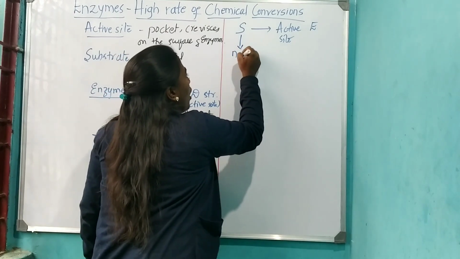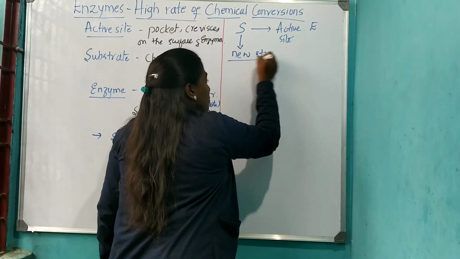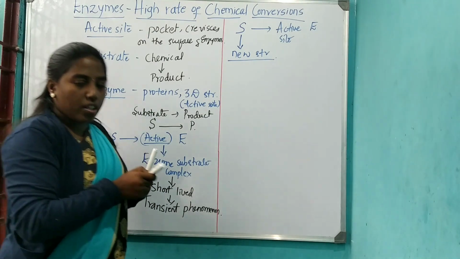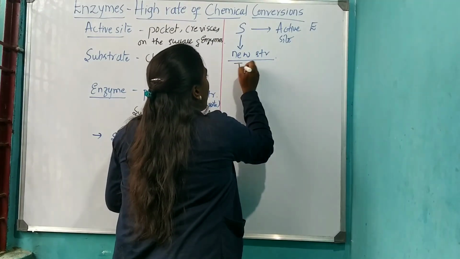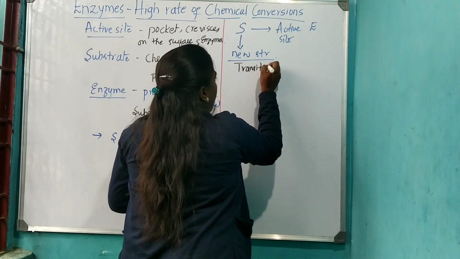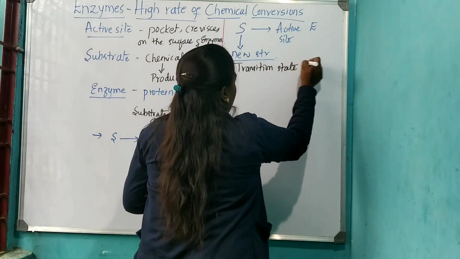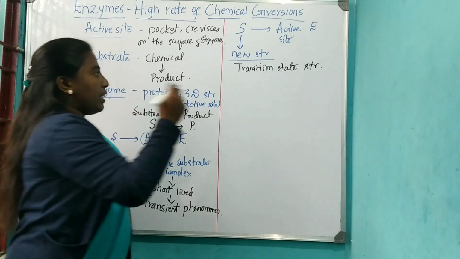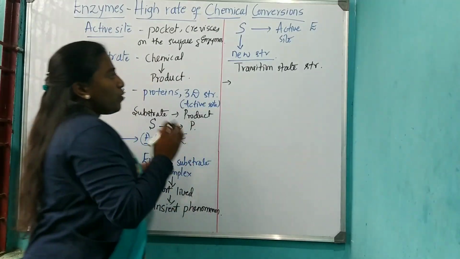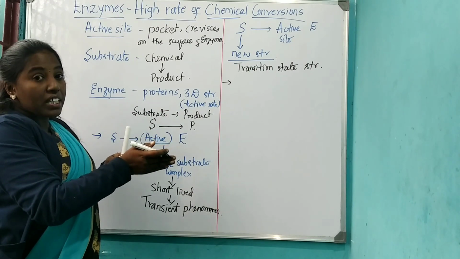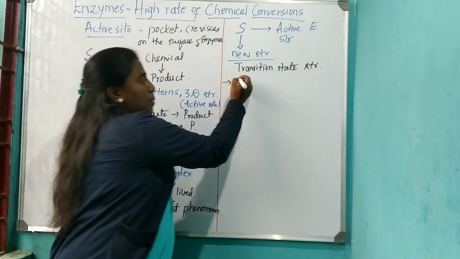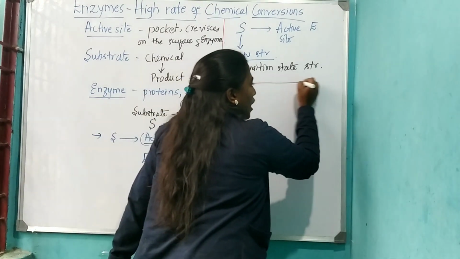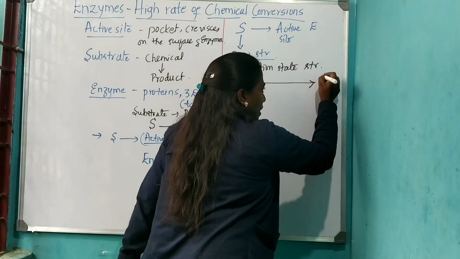This new structure is called the transition state structure. The next: whenever a stable substrate has to get converted into a product.